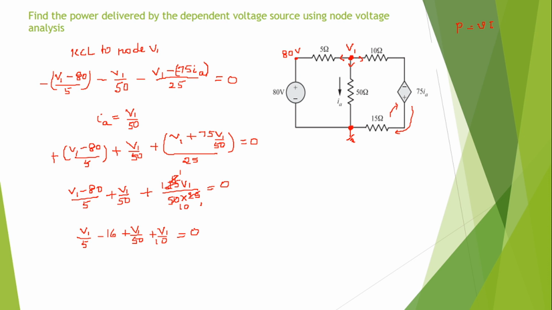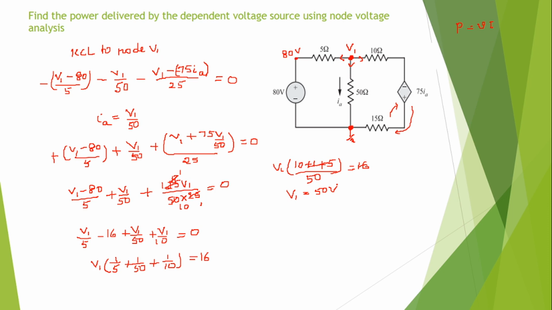Taking the 16 to the other side, V1 into (1 by 5 plus 1 by 50 plus 1 by 10) equals 16. Taking LCM of 50, it becomes (10 plus 1 plus 5) by 50. The 16 and 16 get cancelled, so V1 equals 50 volt.